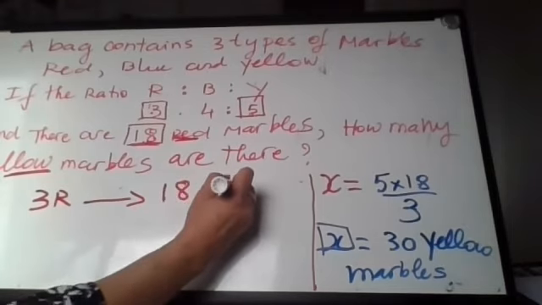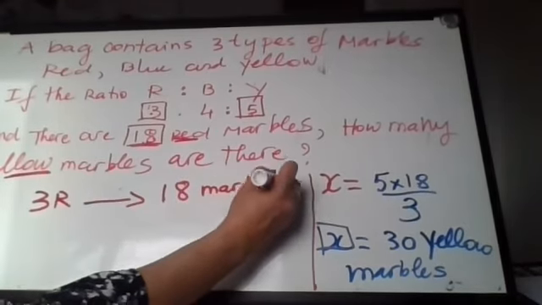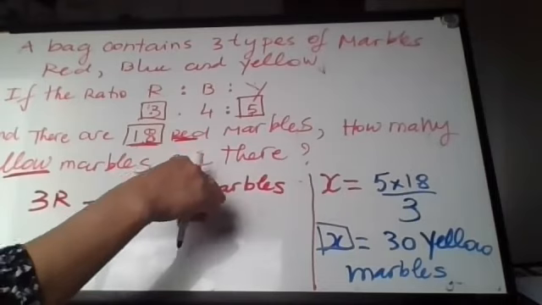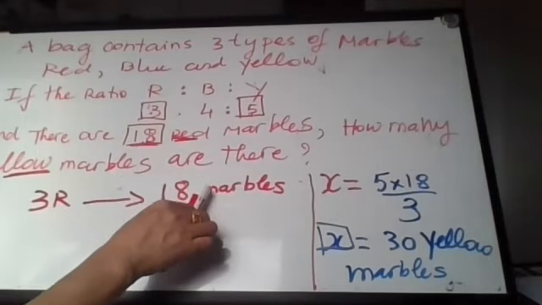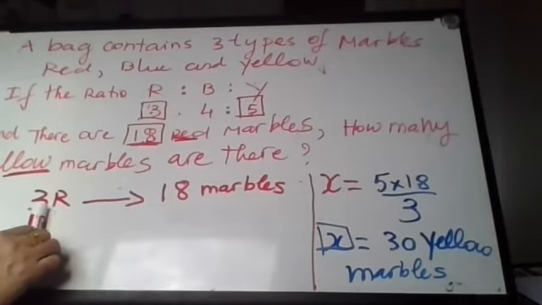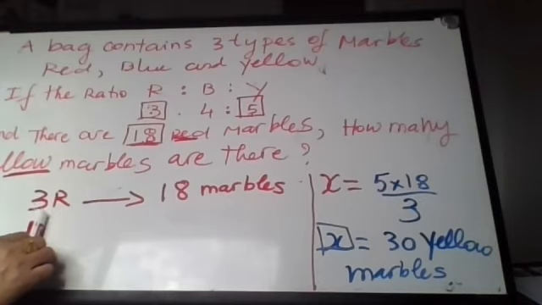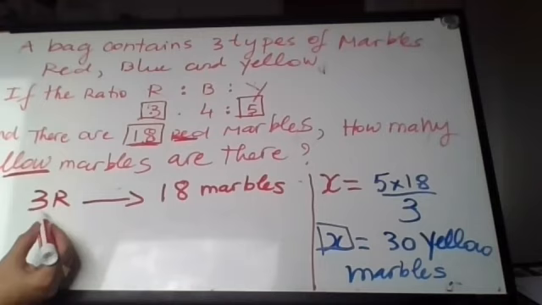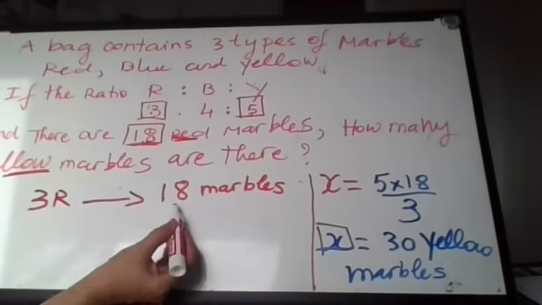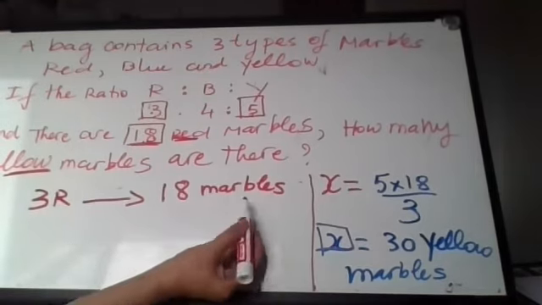And this is the actual amount of the marbles. So in this column, we're talking about the actual amounts. This column here is just about the portions, how many portions there are, right? So 3 red portions has 18 marbles in there.